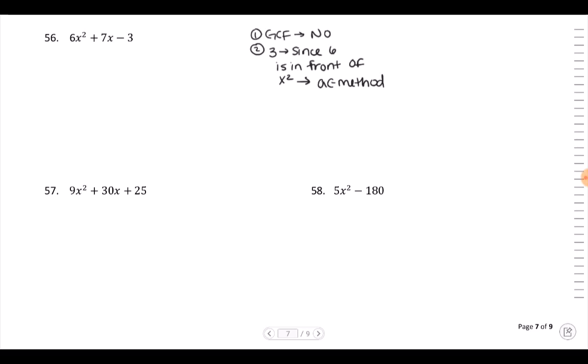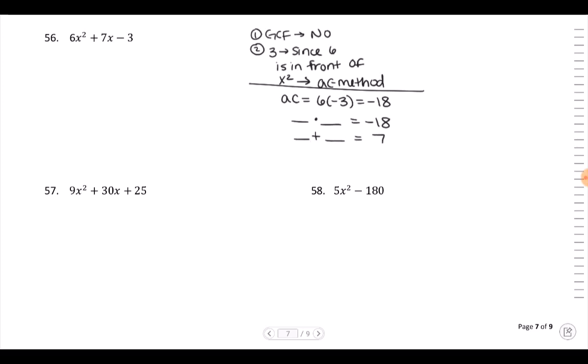Okay, so I need to figure out what is A times C, right? So A times C is 6 times negative 3, which is negative 18. And I need to look for 2 numbers that multiply to negative 18, but they add up to my middle term of 7.